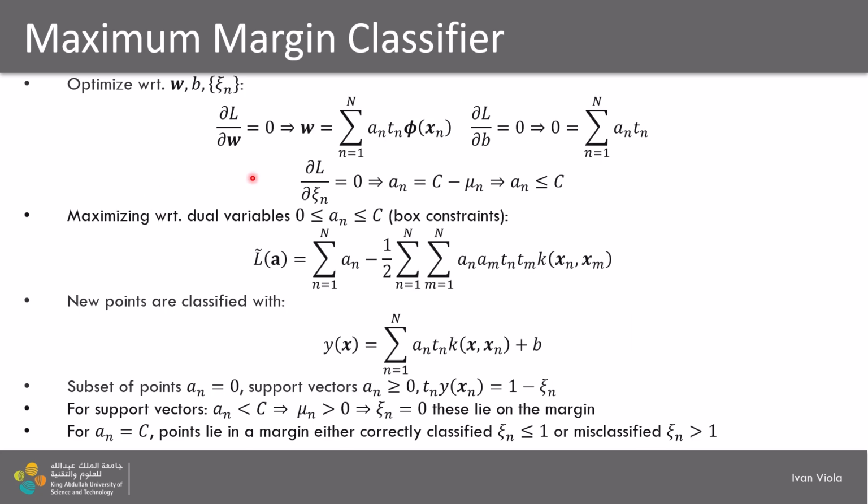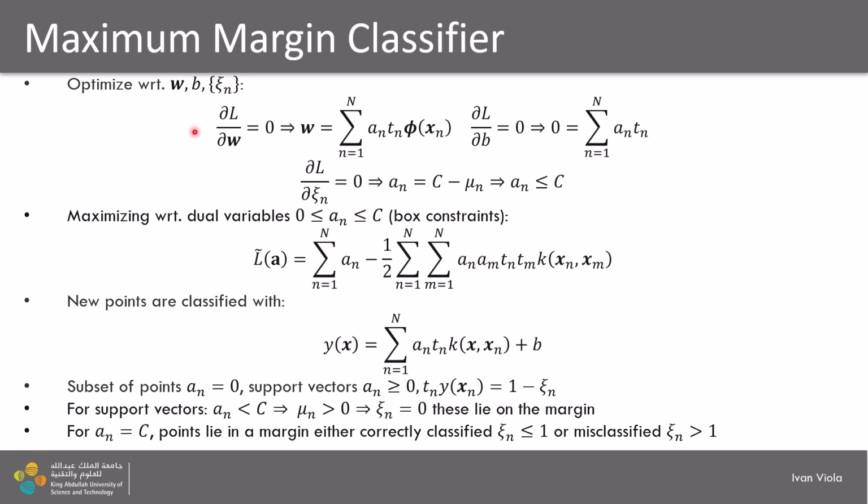Similarly to our hard margin case, we will now perform the primal dual optimization. So first we perform an optimization with respect to the w and the b and the slack variables.